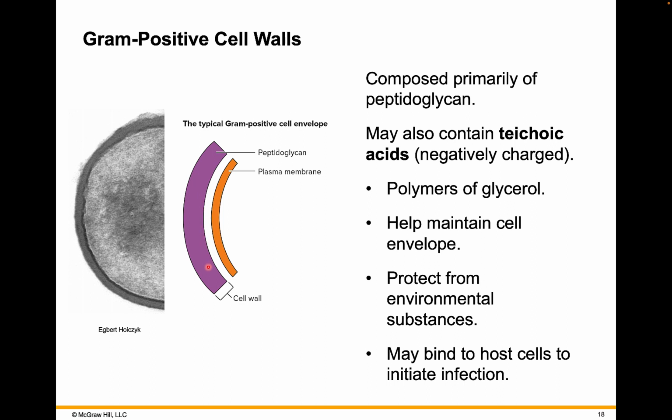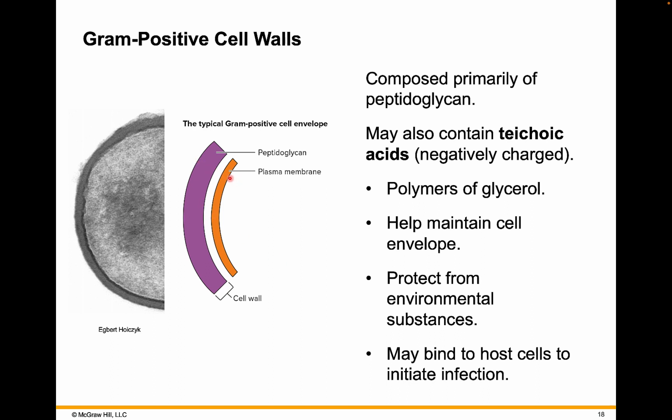Along with the peptidoglycan, there are some other things present in the cell wall, and these are known as teichoic acid. These are polymers of glycerol and help maintain the cell envelope, protect from environmental stress, and may bind to host cells to initiate infections.